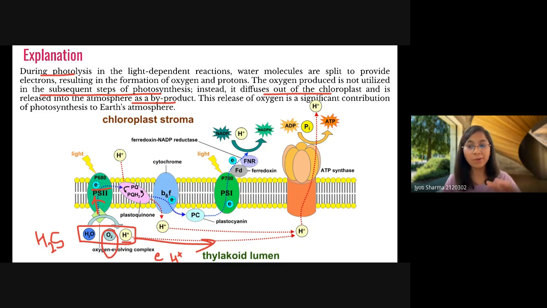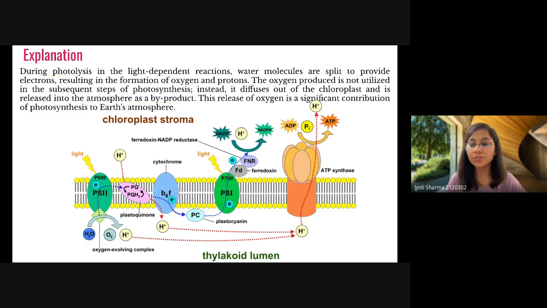Bacteria utilize H2S or some other molecule by which they can do photosynthesis. But green plants use water, and they release oxygen as the byproduct, and this oxygen is important for us, right? So the answer was that the oxygen released in the light dependent reaction is the byproduct.